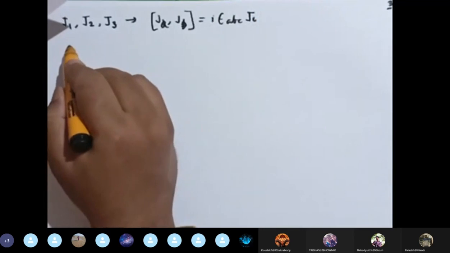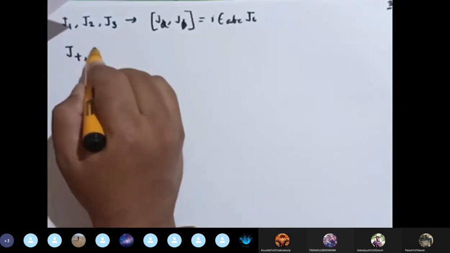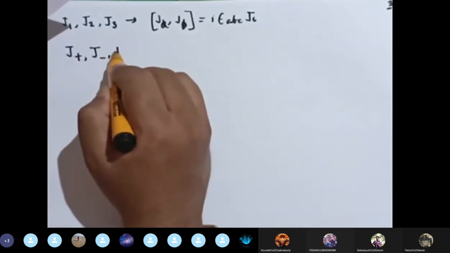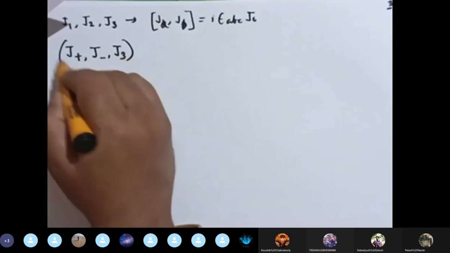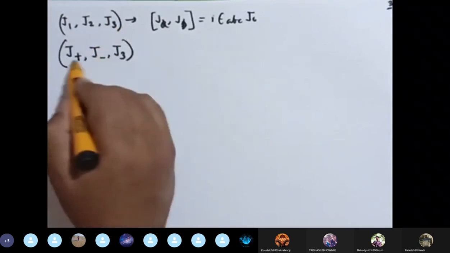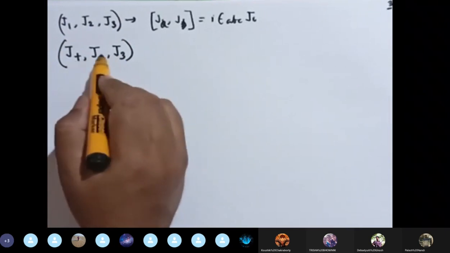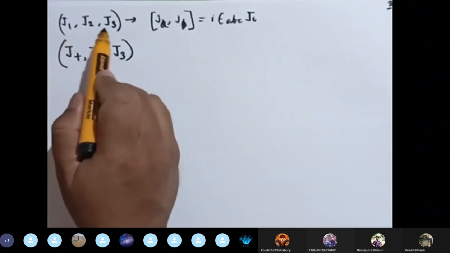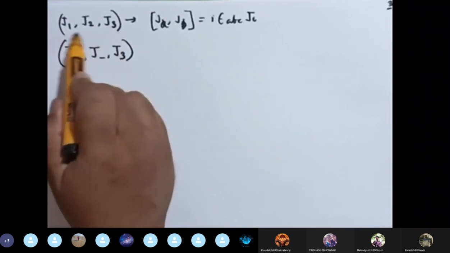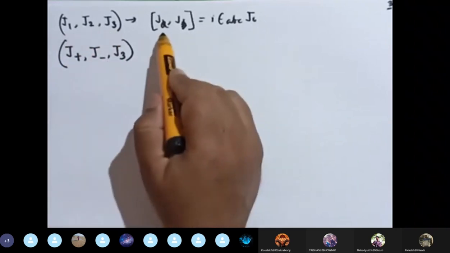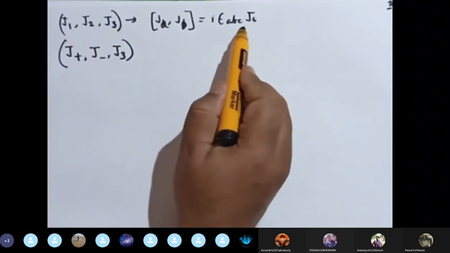Now we have defined another set of operators. These generators are just linear combinations of the original generators, which satisfy this form of the Lie algebra of SU(2). Okay.